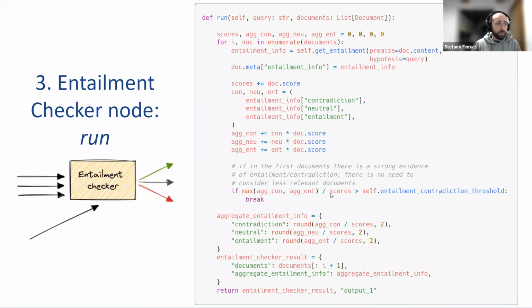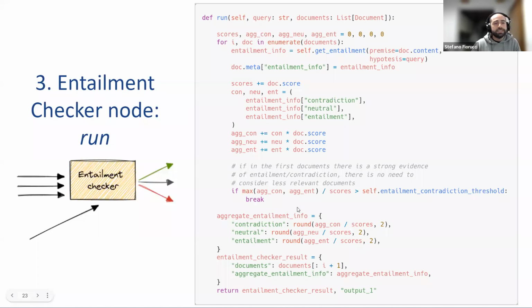We are also applying there the empirical consideration. So if in the first documents there is a strong evidence of entailment or contradiction, we break the for loop and we don't consider the rest of the less relevant documents.